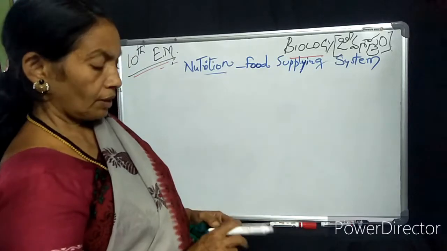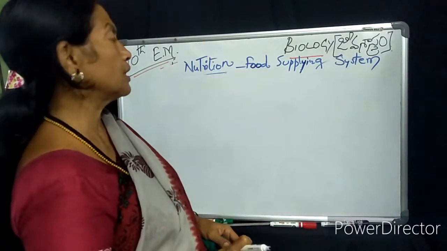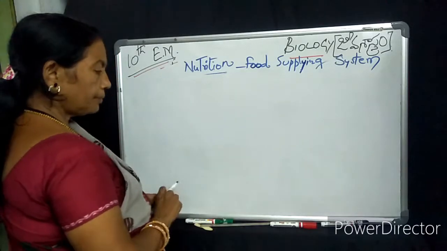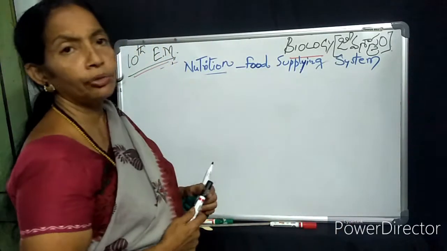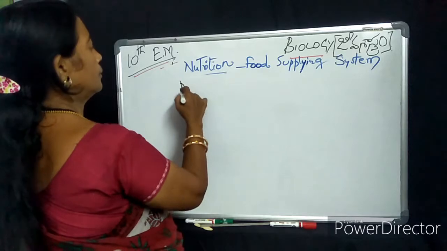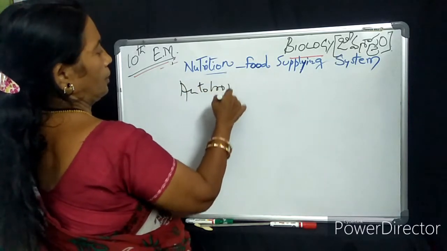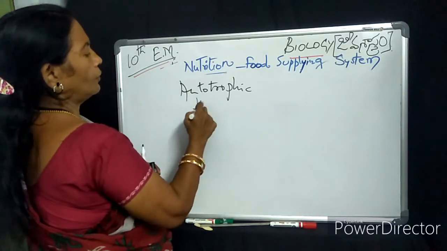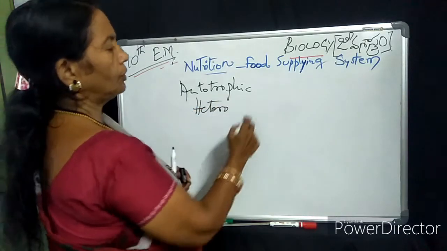In last class, we already discussed what nutrition is and what the types of nutrition in plants and animals are. We learned autotrophic nutrition and heterotrophic nutrition.